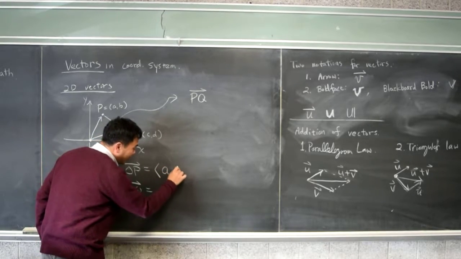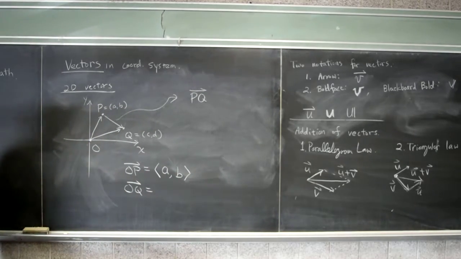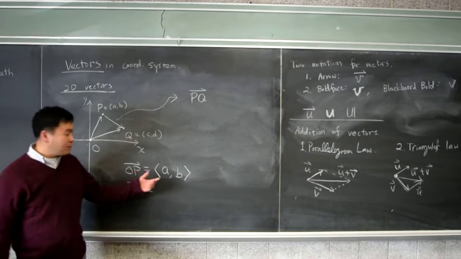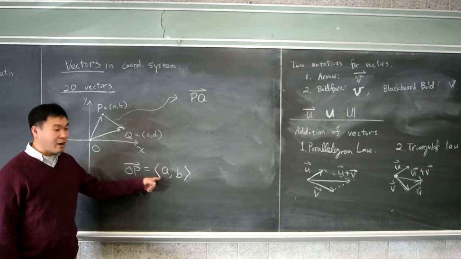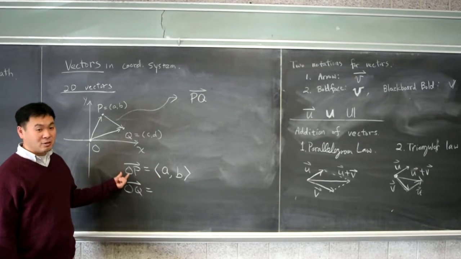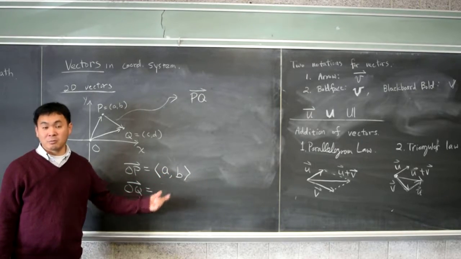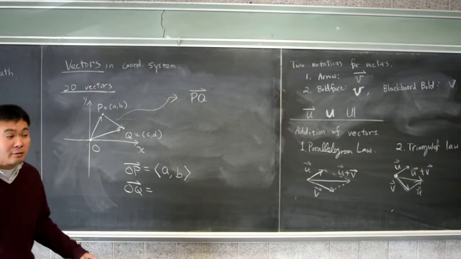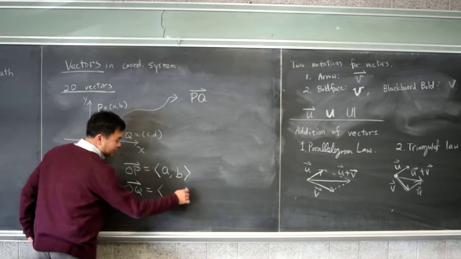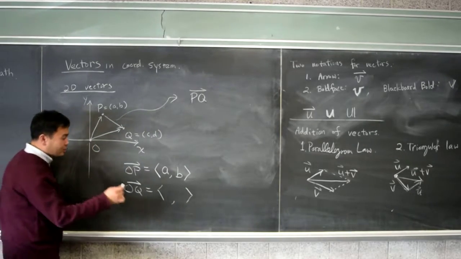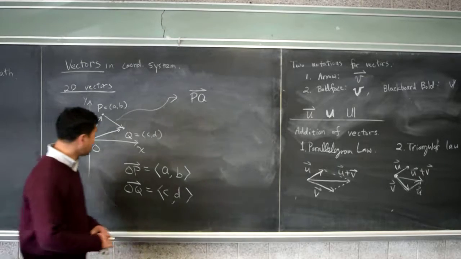So you write <a, b> with angled brackets. Whenever you see angled brackets with two numbers, you should understand it as a vector whose initial point is at O, and its terminal point is at the point (a, b). Does that make sense? And OQ should be written as <c, d>, with the angled brackets.